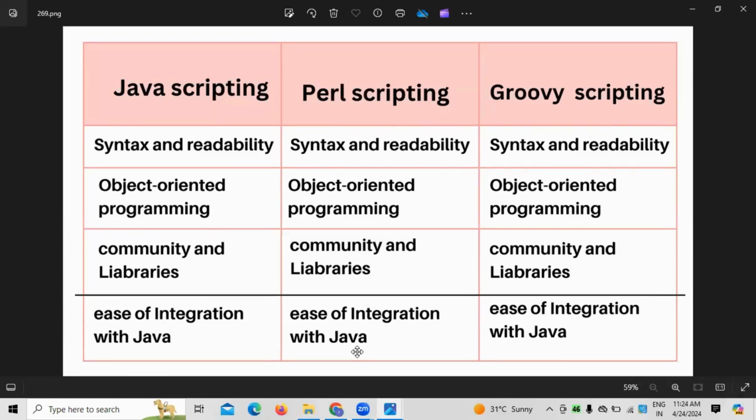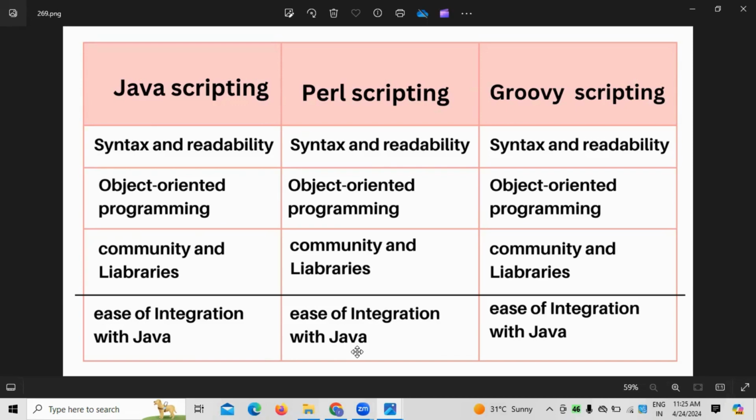Okay. Now, the next, when we are comparing syntax and readability from the Perl point of view, Perl is also one of the scripting languages that we have been using since olden times. The advantage with Perl scripting is in more complex projects, because Perl scripting is more complex when you compare Java scripting to Groovy, as Java and Groovy are almost at the same level.